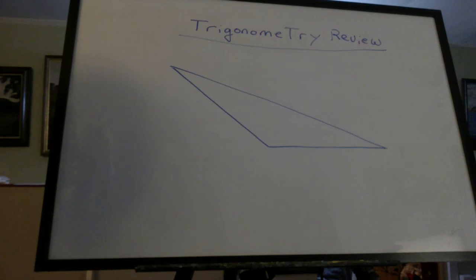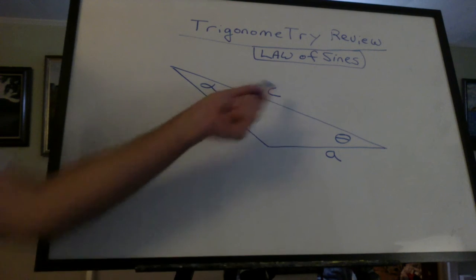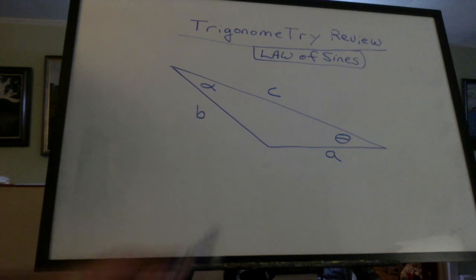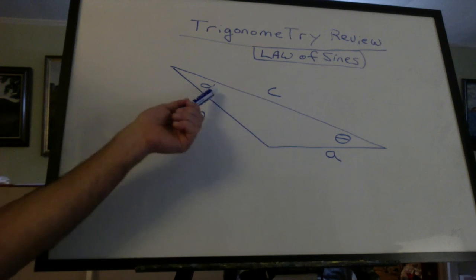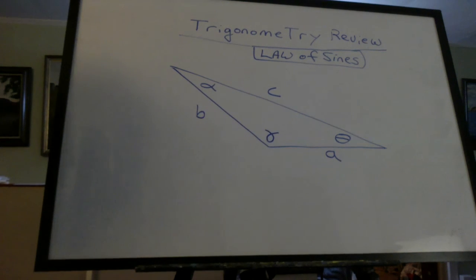So far so good if we have right triangles. But somebody emailed me and said, what if we don't have a right triangle? Well, sometimes we can use the law of sines. I'm going to label my diagram like this. A, B, and C are the lengths of the sides, and we have theta and we have alpha, and I'll throw in gamma. It's pretty easy to remember.